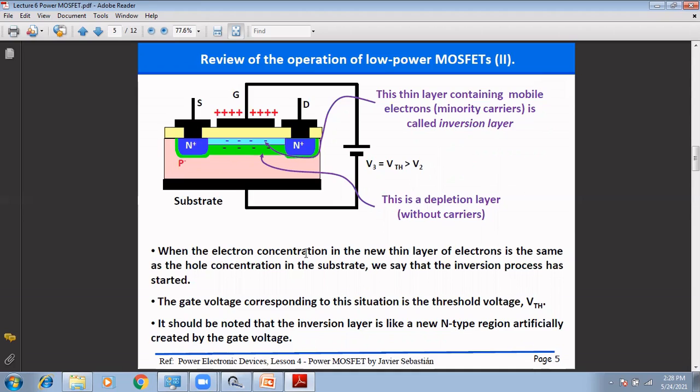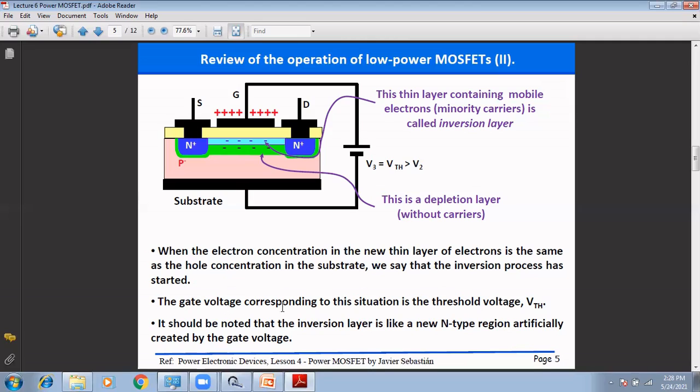When the electron concentration in the new thin layer of electrons is the same as the hole concentration in the substrate, that means the equal number of electrons as holes are created in this P-type semiconductor, then we can say that the inversion process has started, that is, the creation of the inversion layer has started.